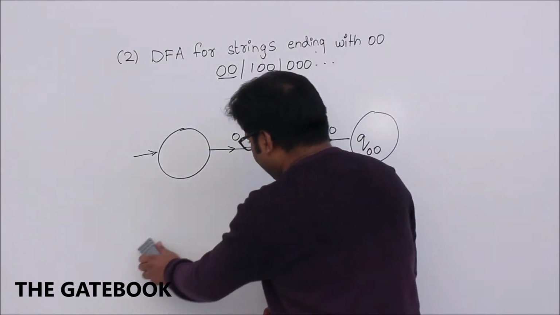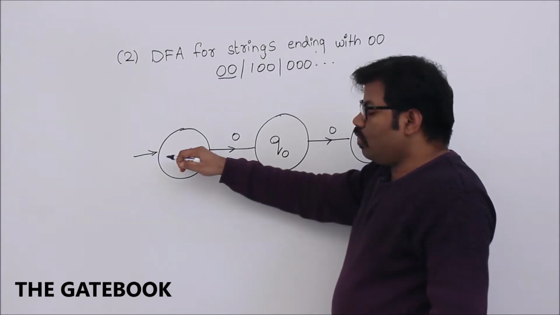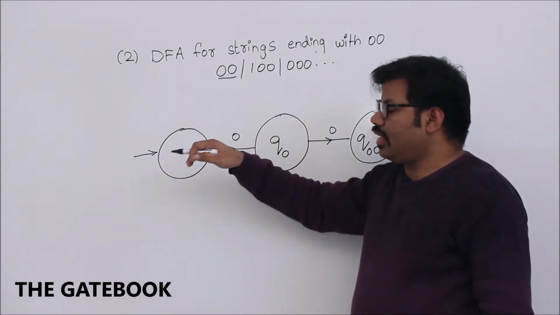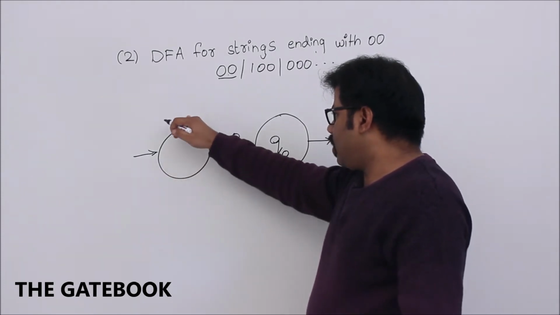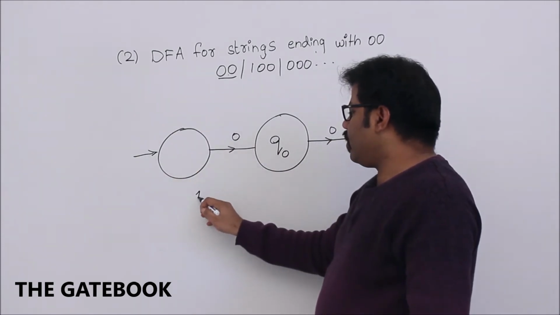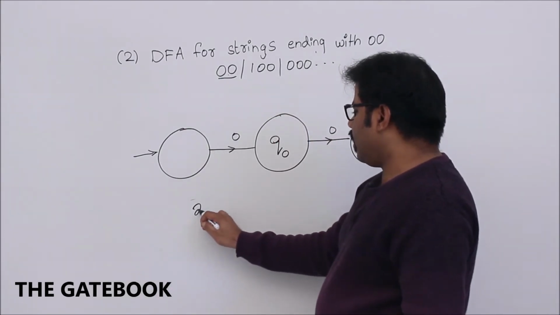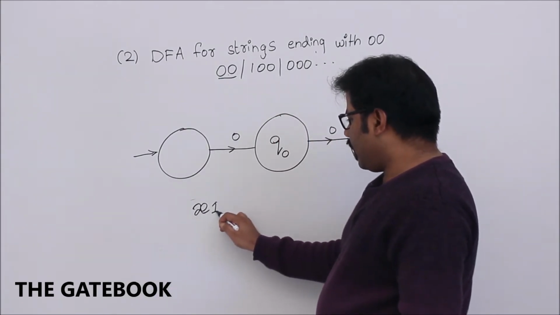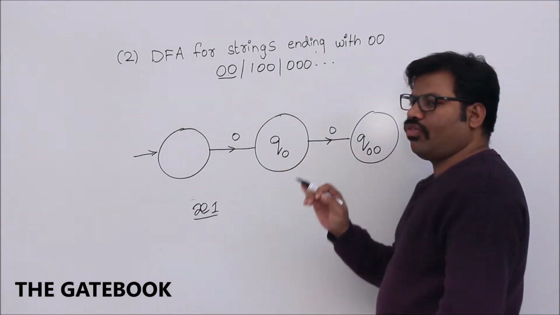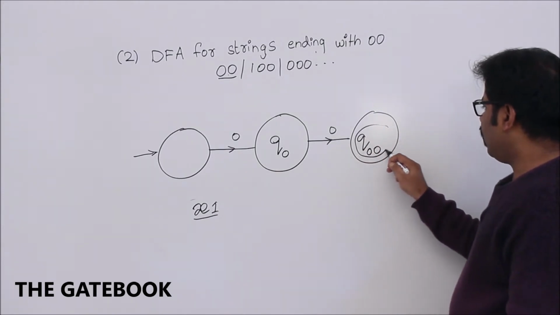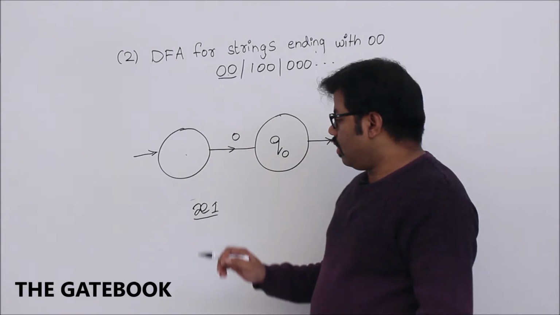That's why I have to be here whenever my string doesn't end with 0. So either it should be epsilon or it should end with 1. Why does it work? Take any string ending with 1, like x1; if you add two zeros, definitely we will go to final. So I will be here whenever my string has 1 at the end.